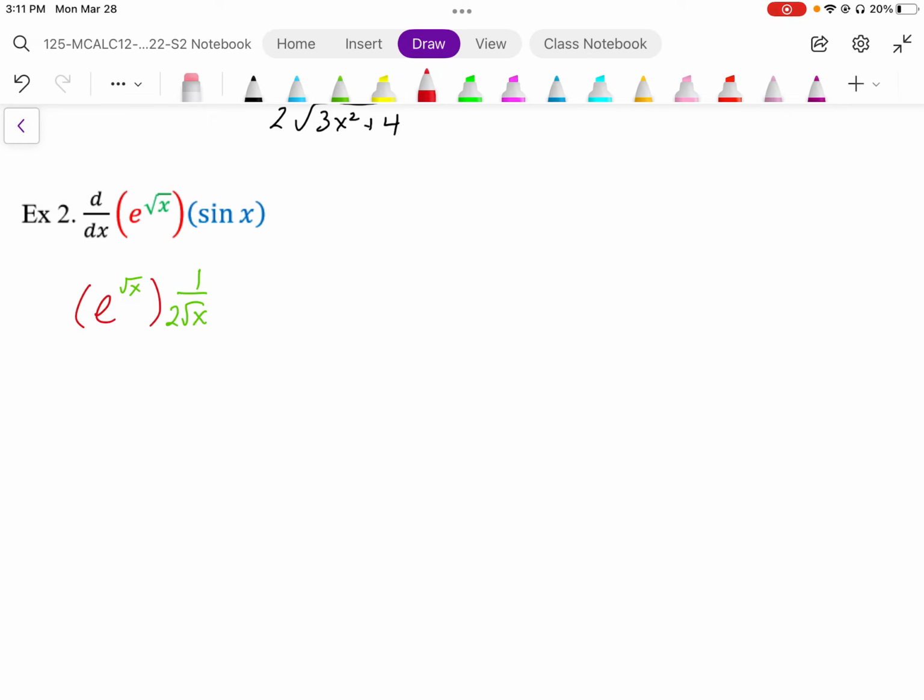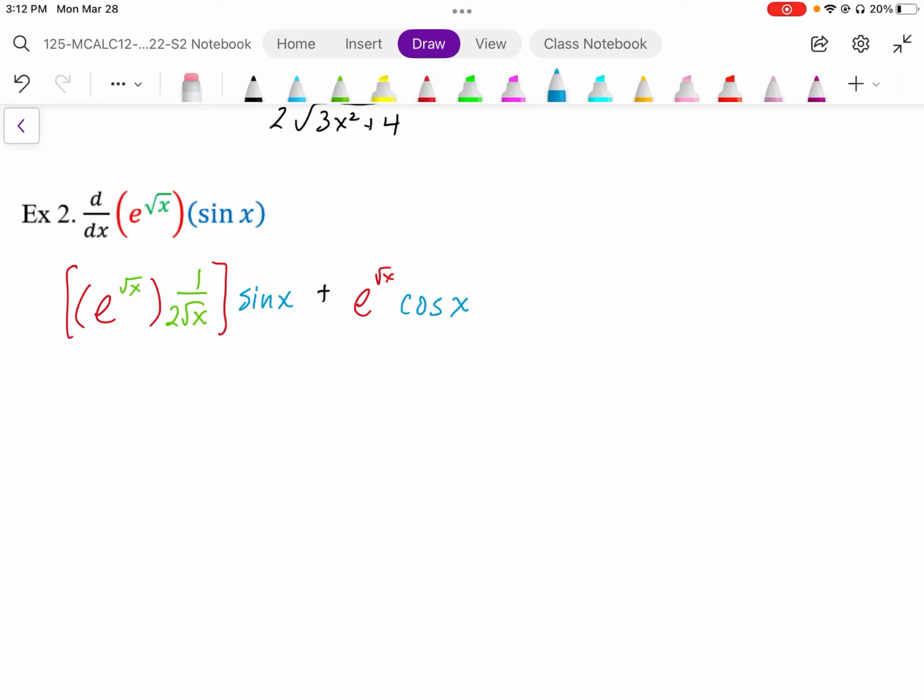Okay, that represents the derivative of the red. I'm going to then start applying my product rule, so that's the derivative of the first times the second, plus e to the root x. We don't touch that, and then we differentiate the sine into cos x.